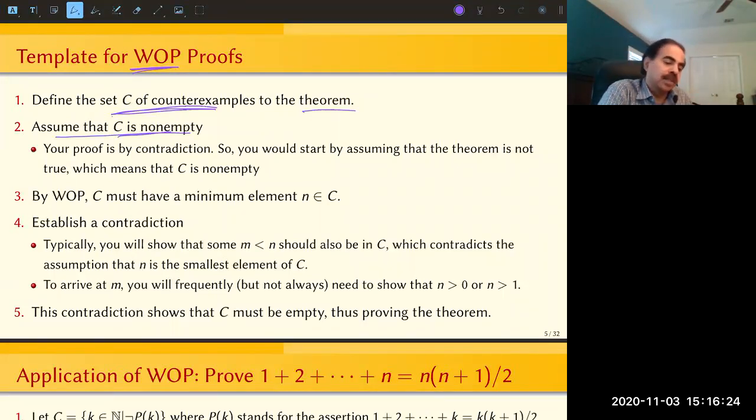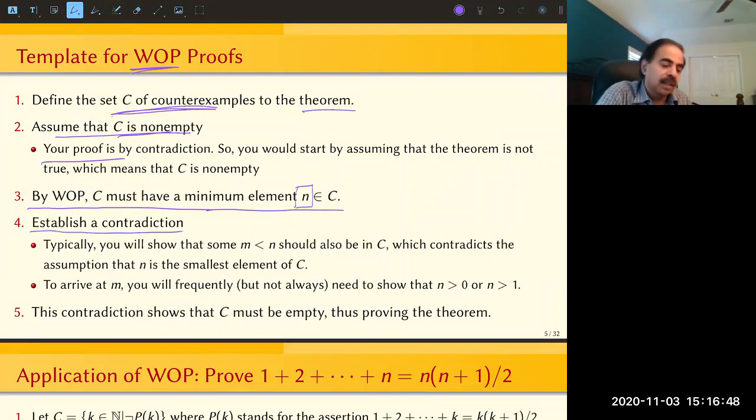Then you would invoke the well ordering principle to say that if C has elements, then it must have a minimum element. We will call this minimum element n.